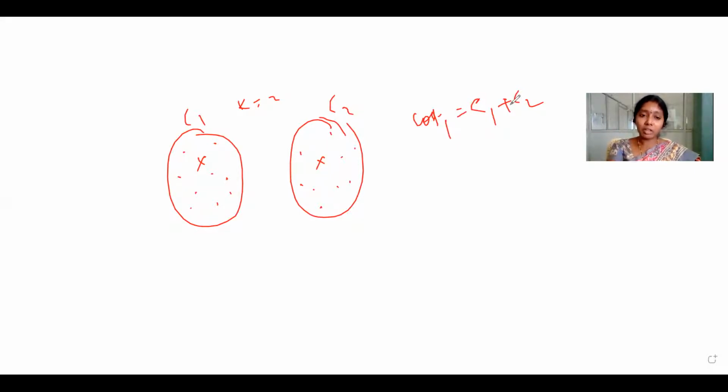In the next iteration, let's say this is A and this is B, the medoids we have selected randomly. We need to randomly take two other representative objects as medoids.